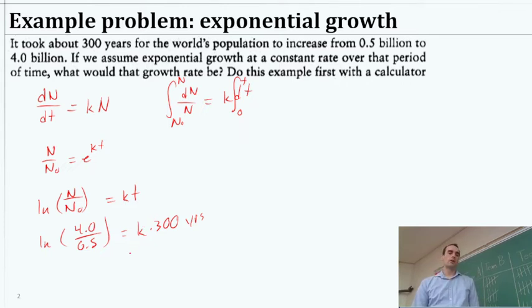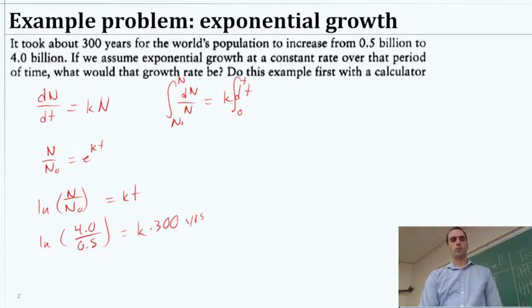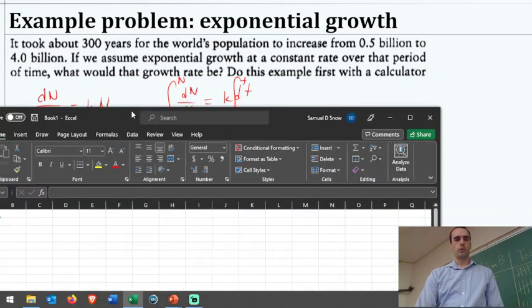That's going to give us, I guess in that sense, a rate per year, like a percent per year type of deal. And then if we put this into a calculator, which I did not do, which I should do, and we'll see what we get.